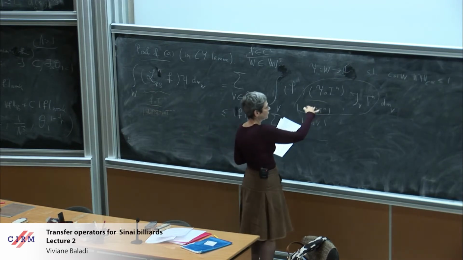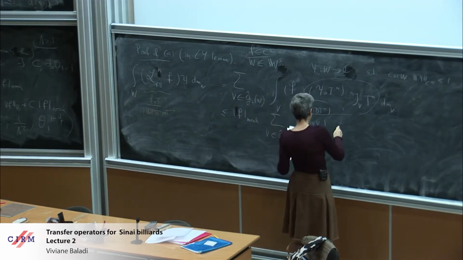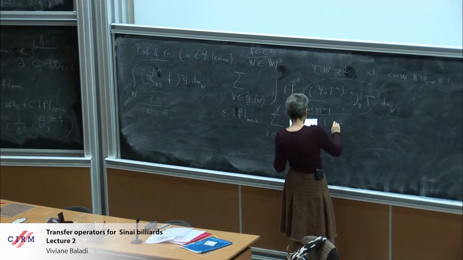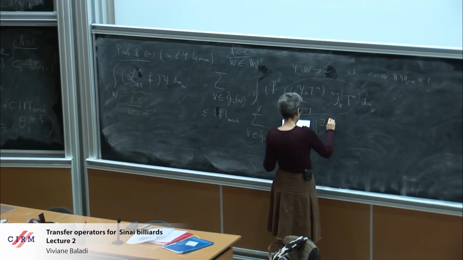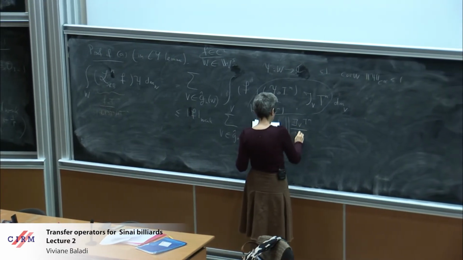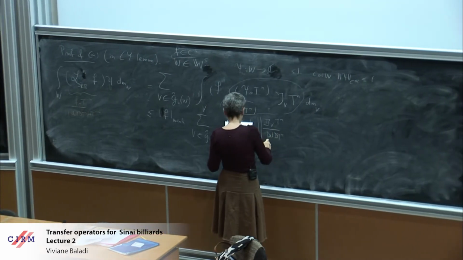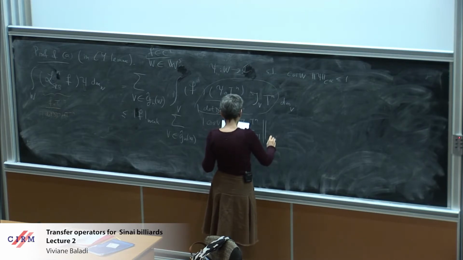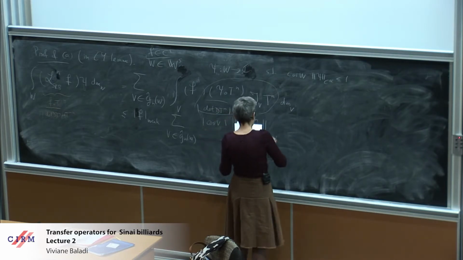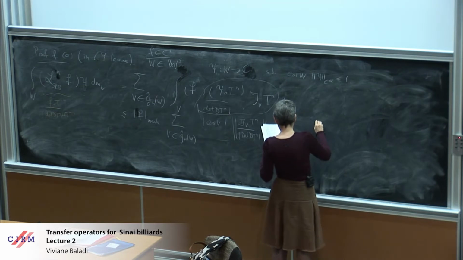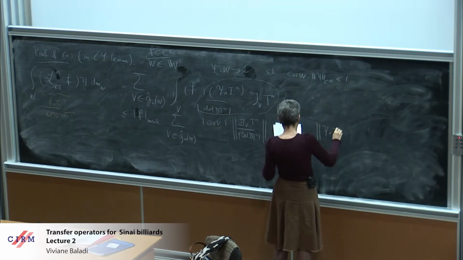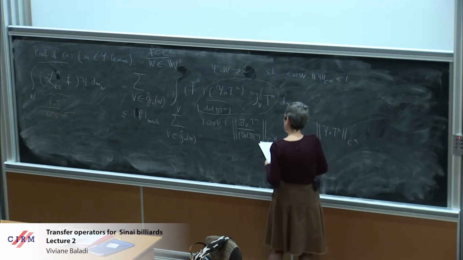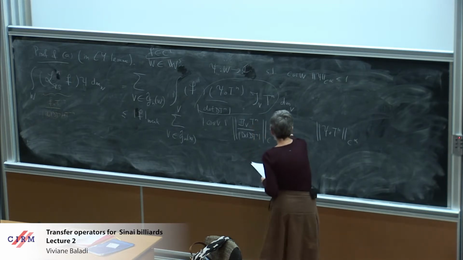So the C alpha norm of a product is just bounded by the product of the C alpha norms, and I decompose it like this. And now you see why bounded distortion is important, right? Psi composed with Tn C alpha. And why did I leave space here?